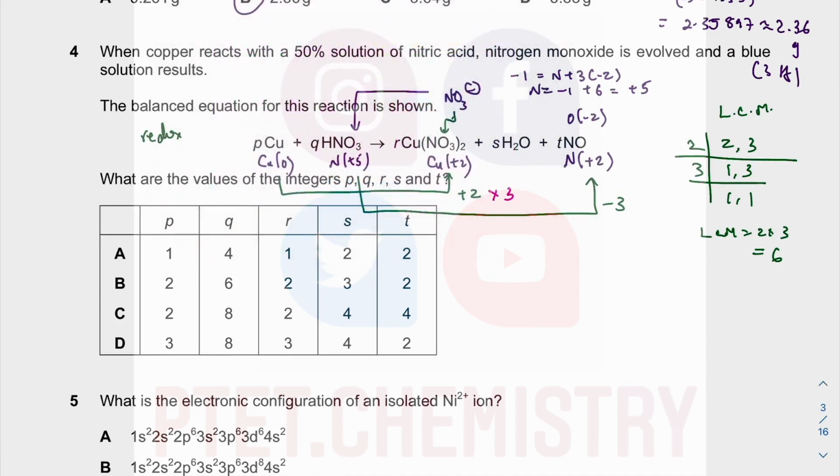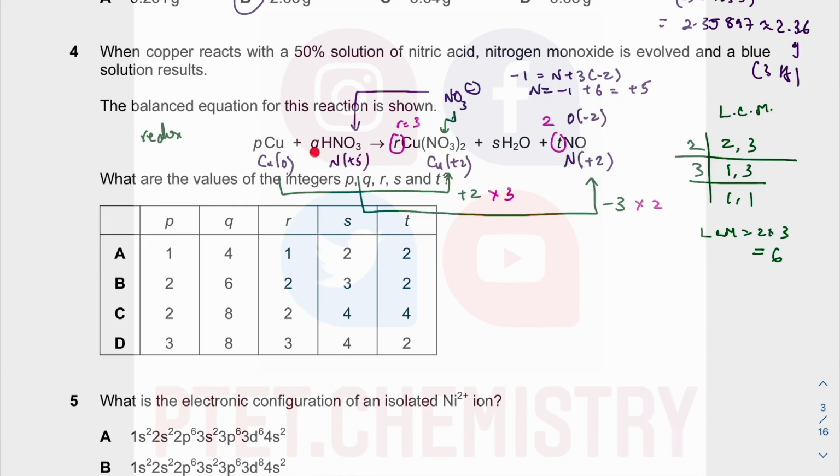So that means the coefficient is equal to 3, right? Because I want to have 3 of these in order to give me 3 times plus 2. It must be balanced by minus 6. So 3 to go to 6 will be multiplied by 2. So I need to have 2 of the NO, so that I have 2 times N plus 2. Now, when you think about it, you have 3 times 2 nitrate, there's 6 nitrate.